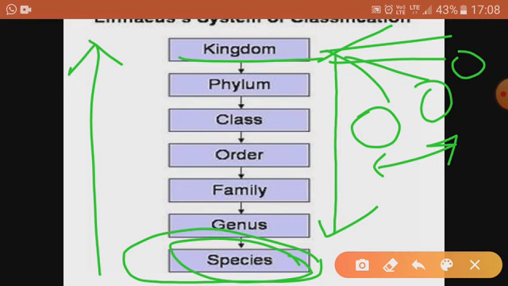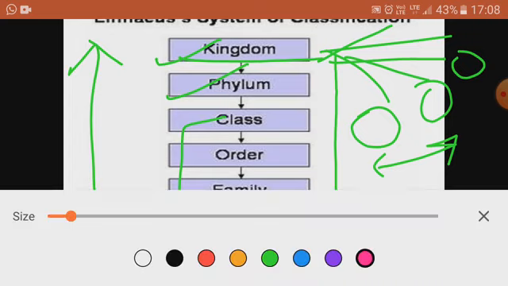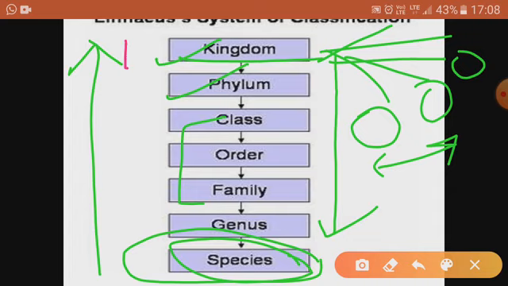How to learn? Kingdom, phylum, then you can learn from here: cough, COF, cough, genus, species. Kingdom, phylum, cough, genus, species. This is a mnemonic for this: kingdom, phylum, KP, then cough and GS. So this is how you have to learn.